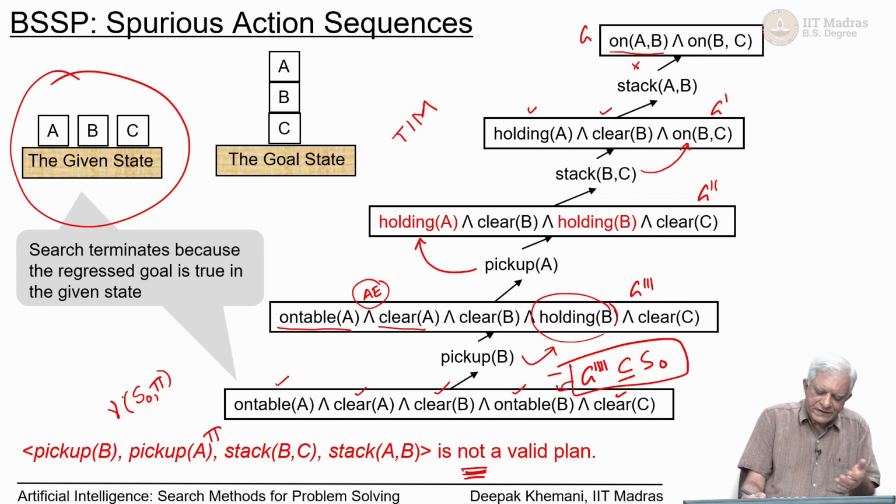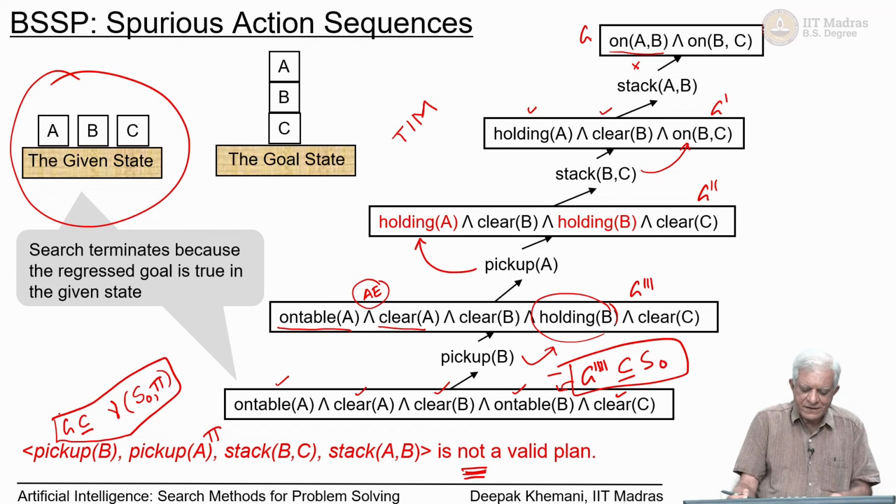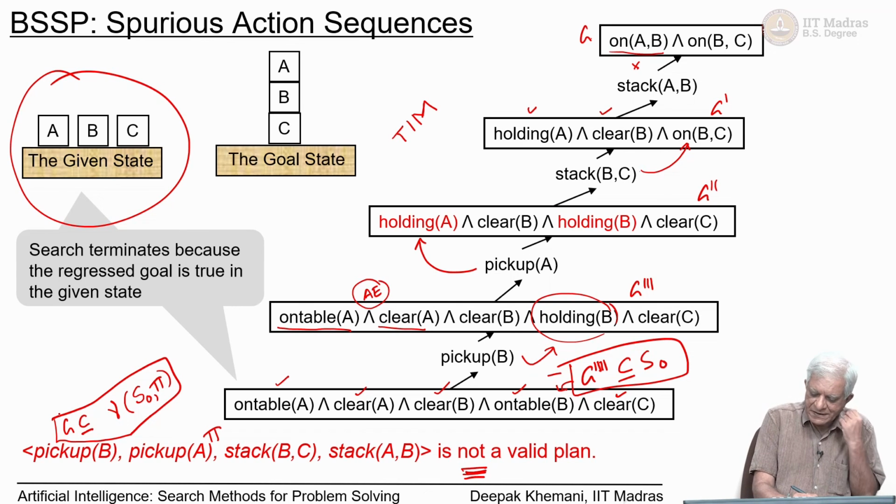And if the goal is a subset of this, then we can say that the plan is a valid plan essentially. So, we need to progress over this plan. What is the plan? Pick up B. The first action is pick up B. That is possible.